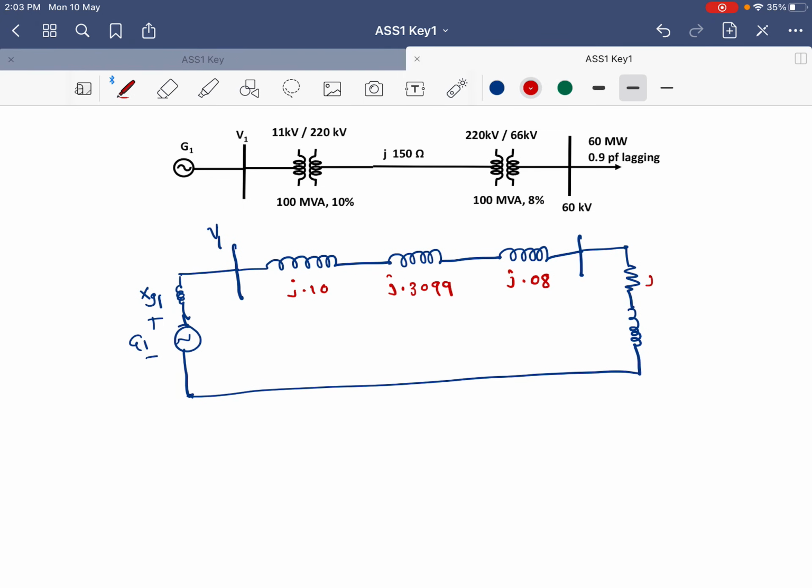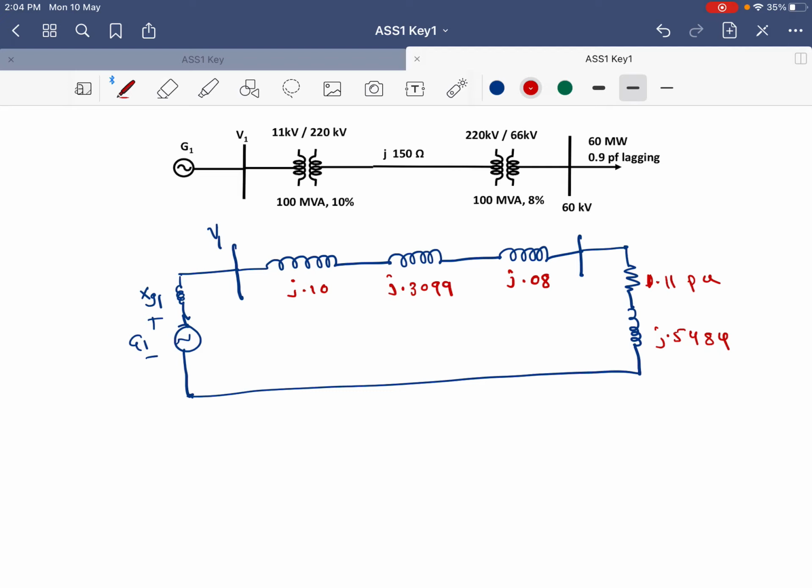It is resistance, 1.11 per unit, and j0.5484.